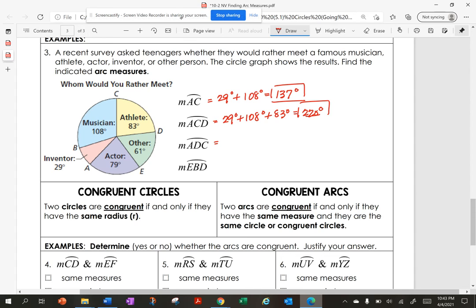The measure of arc ADC. So ADC, since I'm going this direction, this is going to be 79 plus 61 plus 83 degrees, which is 223 degrees.